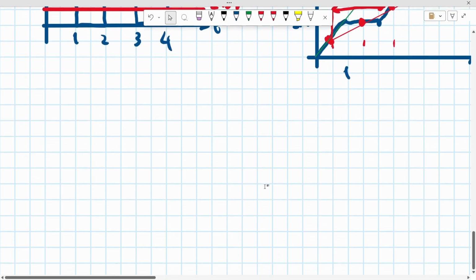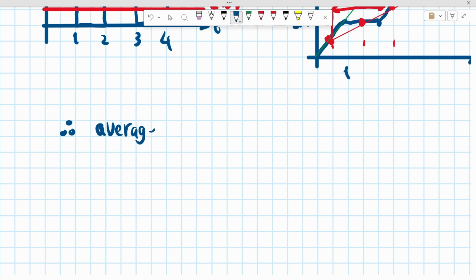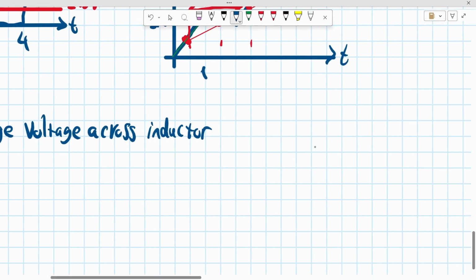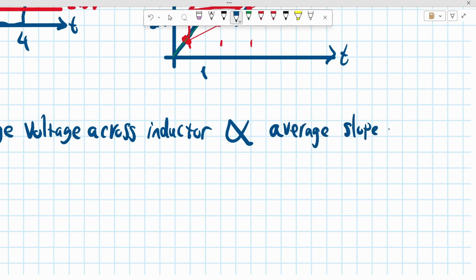So this means that the average voltage across the inductor equals, or at least proportional to, the average slope of current through the inductor.